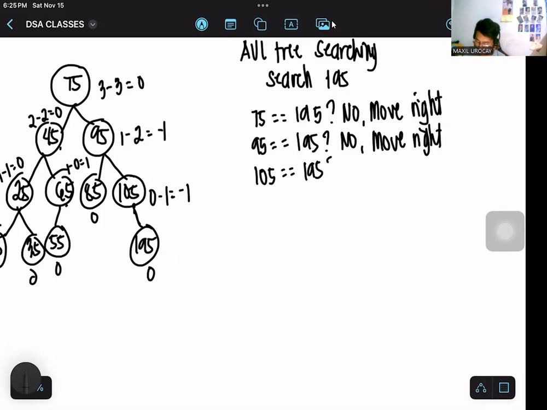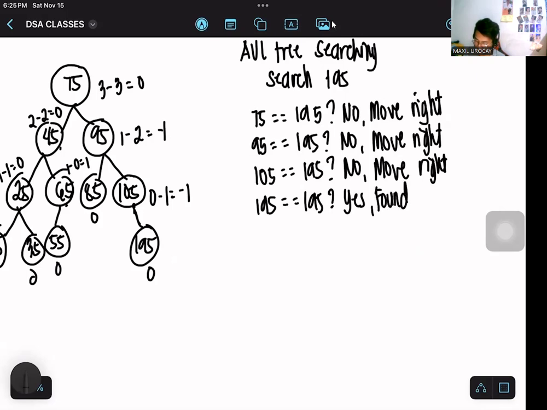Is 105 equal to 195? Still no. Since 105 is less than 195, we have to check the right side. The right child is 195. Is it equal to 195 itself? Yes.